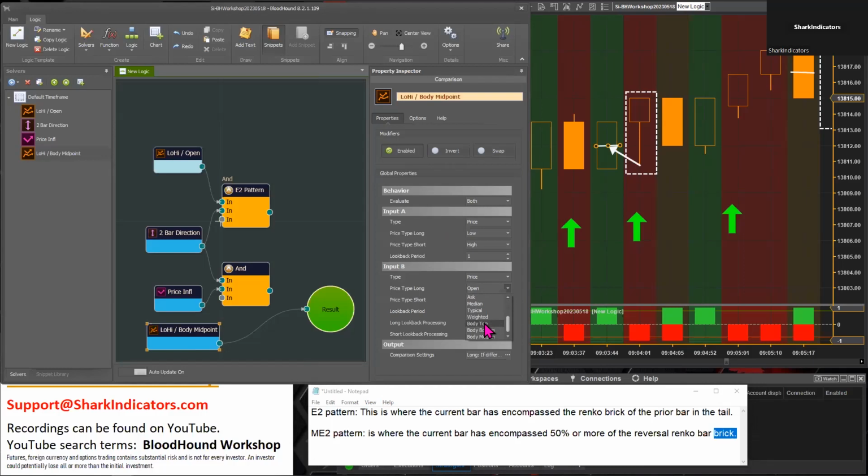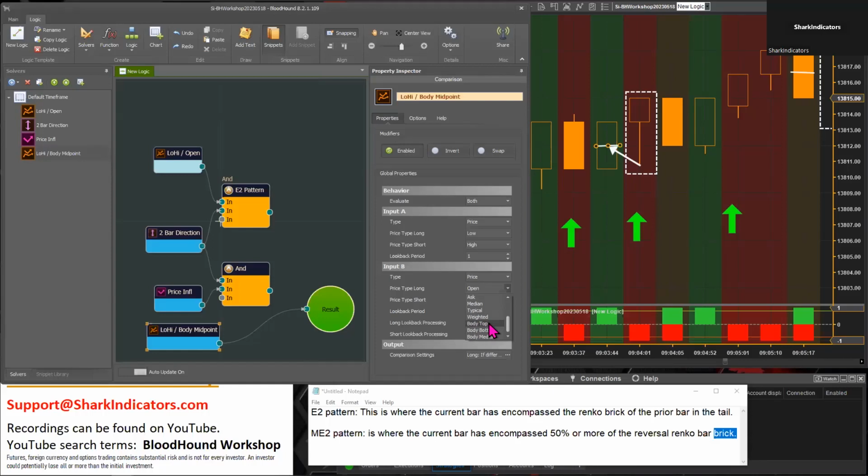And you can see at the very bottom, when you look through this list, all of NinjaTrader's bar prices are there. NinjaTrader even calculates the median of the bar, the typical, and the weighted prices of the bar. But Shark also adds these 3 extra price types.